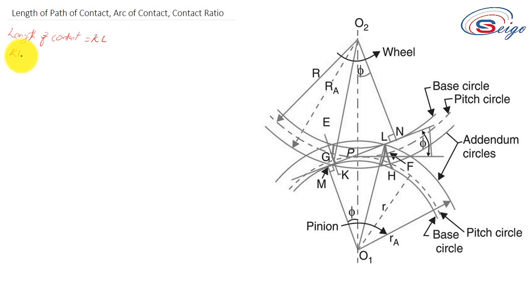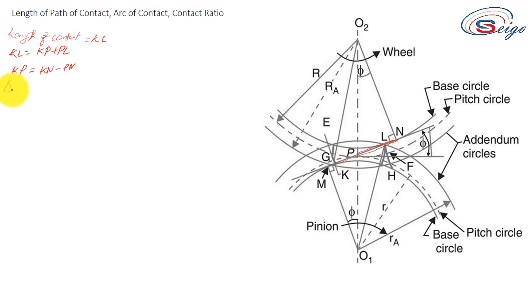KL is equal to KP plus PL, and KP is given by KN minus PN. This much length is KN, and from that you subtract this much length, so you get KP.